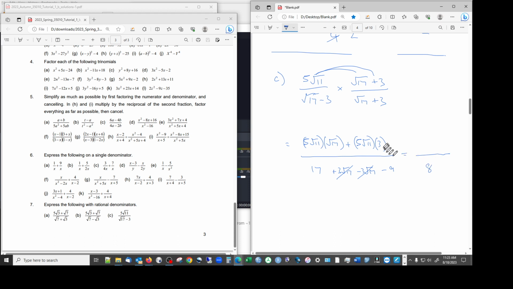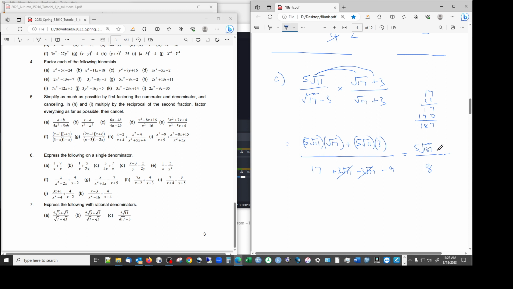And up the top here we'll get 5 times 1 is 5, 5 root 187. 11 times 17 gives 187.